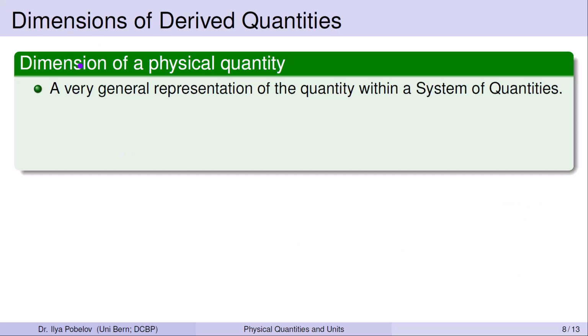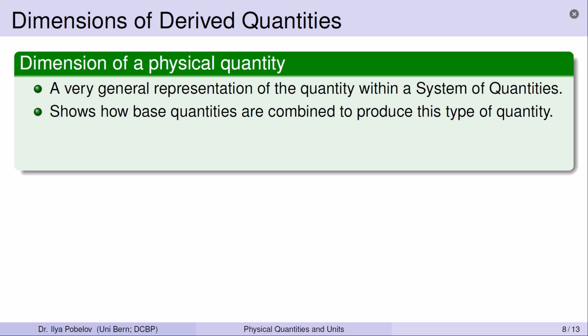The dimension of a physical quantity is its very general representation within a system of quantities. The numerical values and even units are not relevant here. The dimension of a physical quantity simply shows how one has to combine base quantities to obtain a physical quantity of this type. We will again deal exclusively with the International System of Quantities.